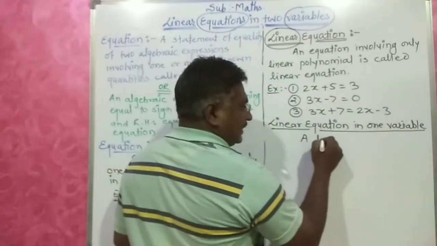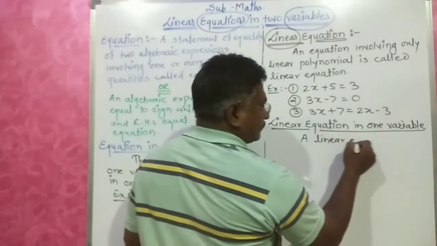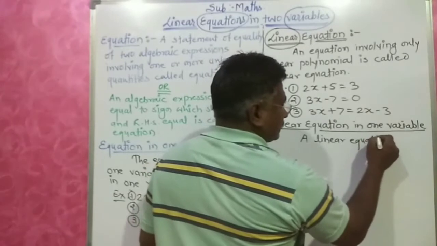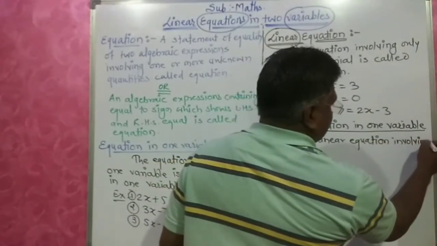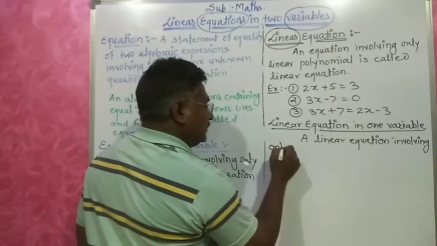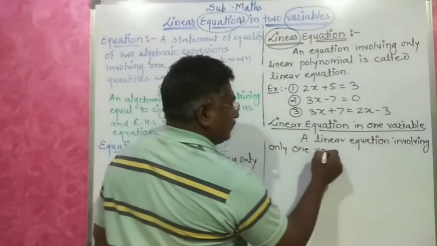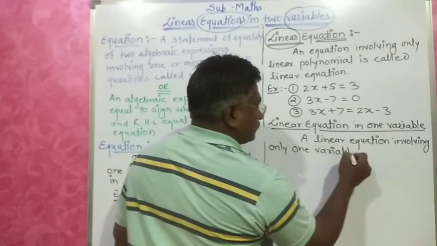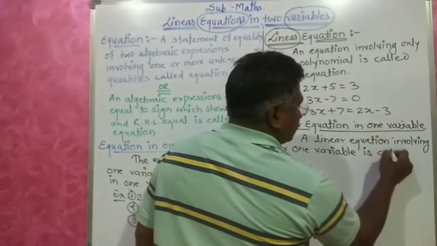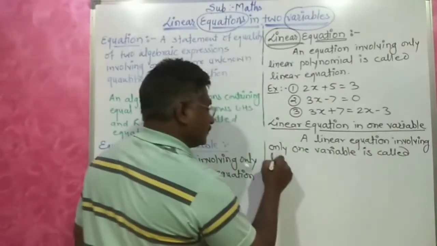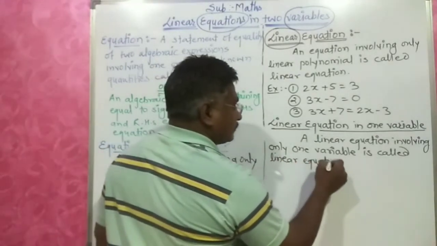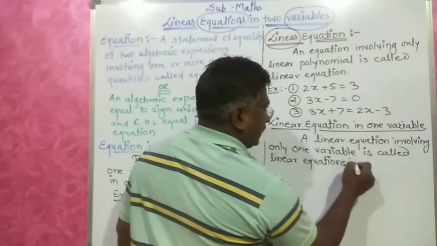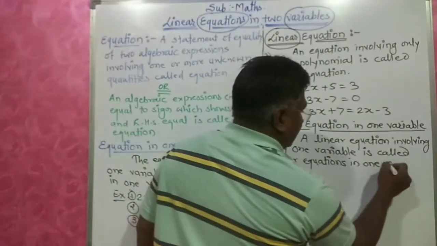A linear equation involving only one variable is called linear equation in one variable.